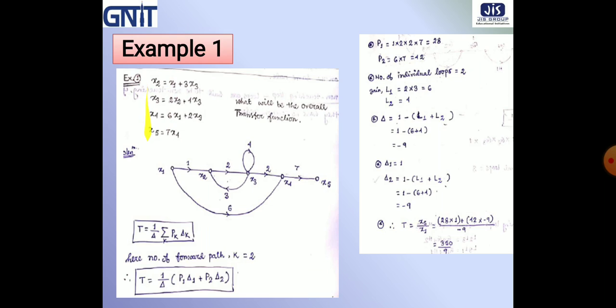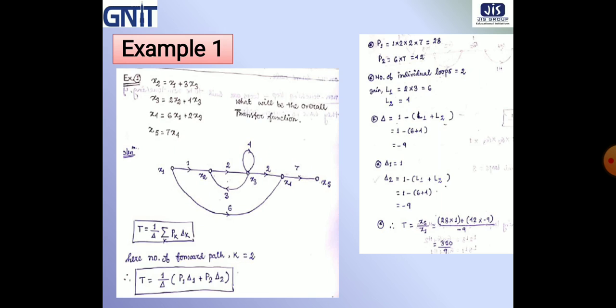From these four equations, just draw the signal flow graph. We all know how the signal flow graph is drawn from this type of equations. Now here we have to apply Mason's gain formula to find the overall transfer function of the system.